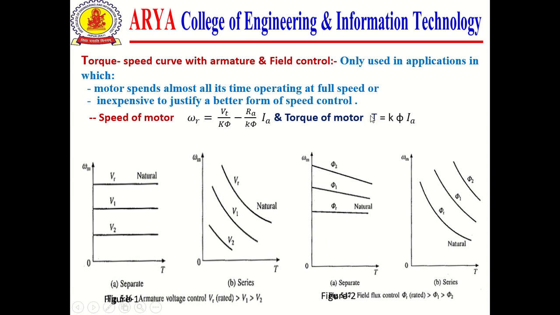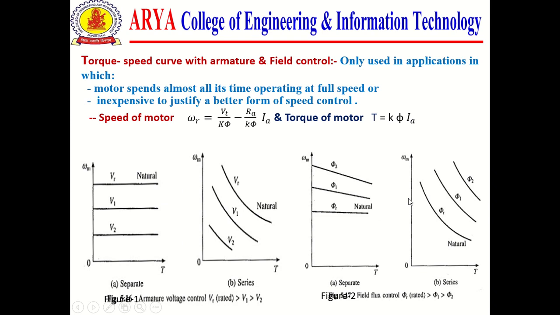But in the case of field control, here you can see it for the separate DC motor. So for this method, these are the key points. This method is used only for below rated speeds. If any motor has 1000 RPM, then by using this method we control the speed below 1000 RPM if we decrease the voltage.